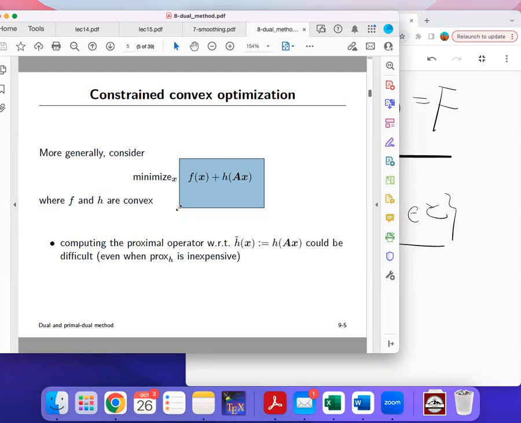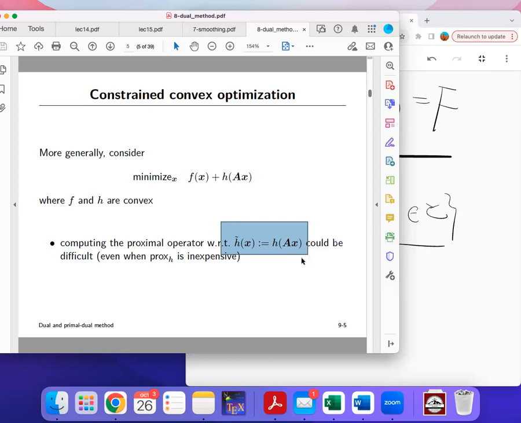And we can do proximal gradient descent because it's a composite optimization problem, right? If you view this as the regularizer, then we can do a gradient descent on f, and then we need to evaluate the proximal mapping associated with h. However, evaluating the proximal operator of this function can be hard, even when h is a simple function.